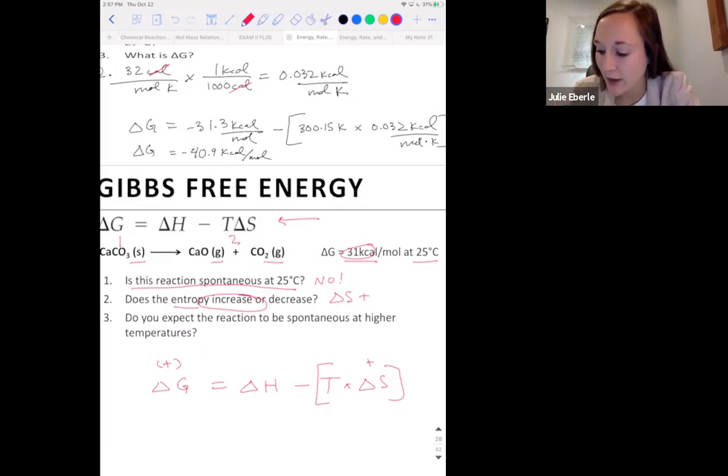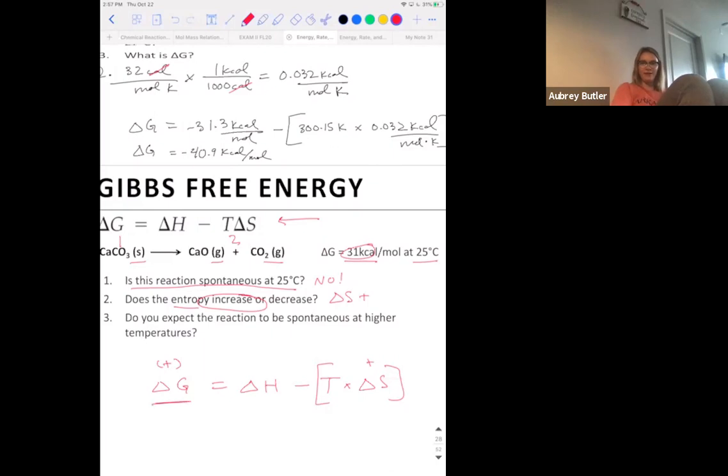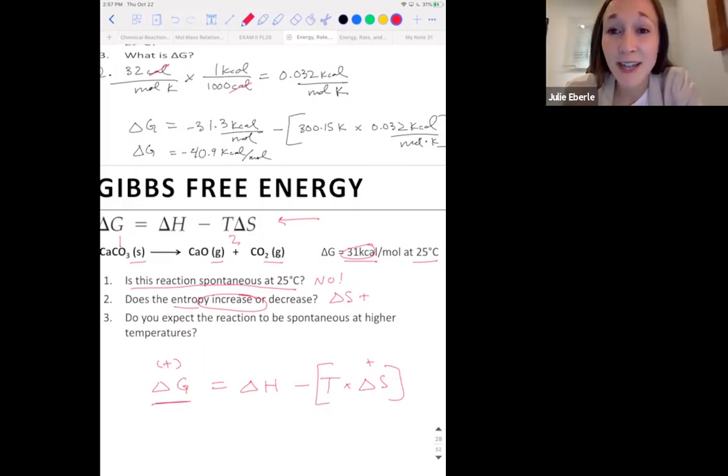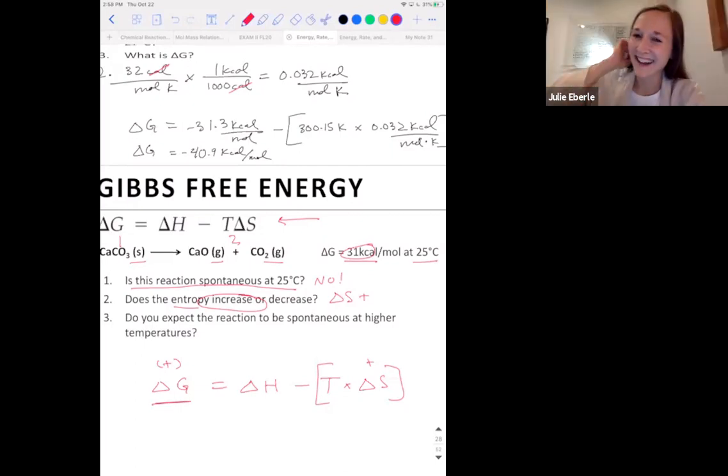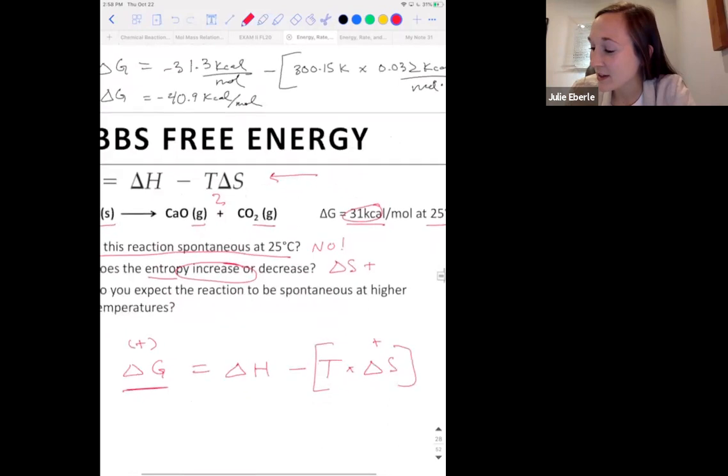We have a positive answer. Delta G is positive. Just because you have a negative delta H does not always mean your delta G will be negative. Okay, so think about this.